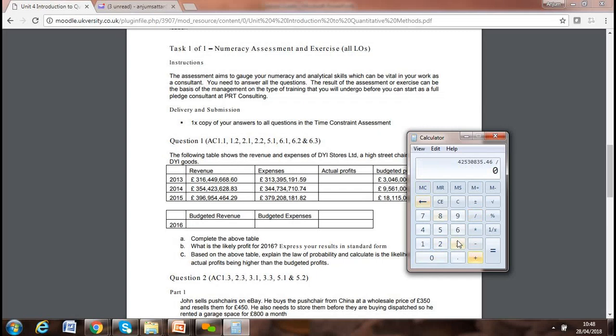So 354, 423, 628.83. You will see there is a rounding figure, yes?